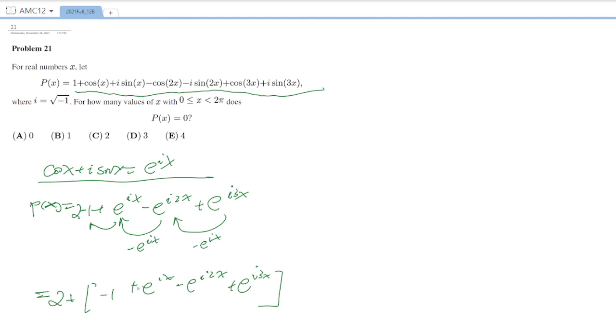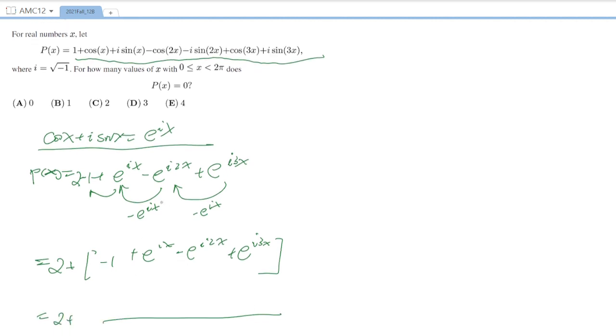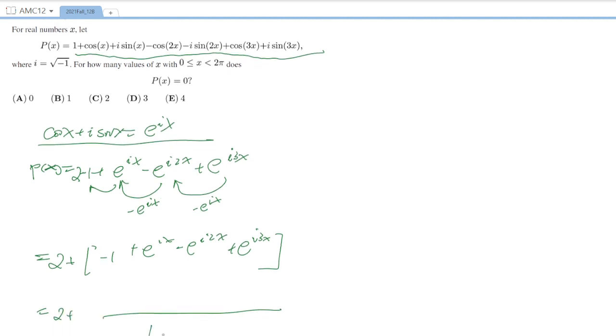Okay, so now let's simplify it. So it's 2 plus, because the ratio is negative e^(ix), 1 minus r, right? So it's 1 plus e^(ix), right? And it will be negative 1 and 1 minus the negative e^(ix) to the 4, right?